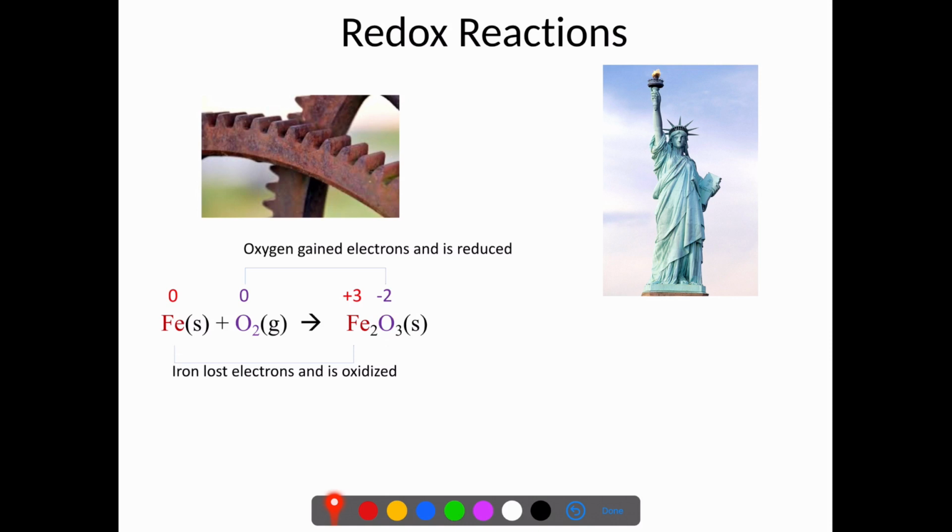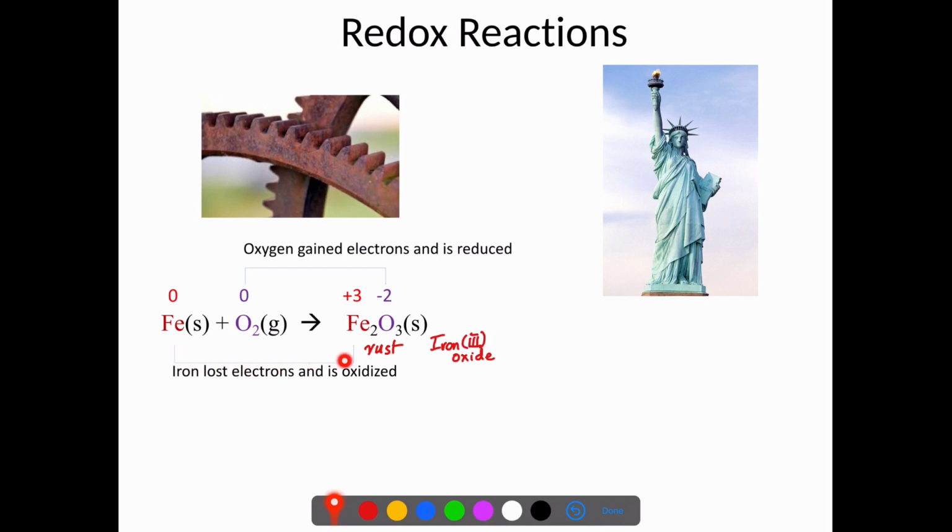Iron metal is just Fe, and the charge is 0. And rust is iron(III) oxide. The common name is rust. The chemical name is iron(III) oxide. Within this compound, iron has a charge of 3+.